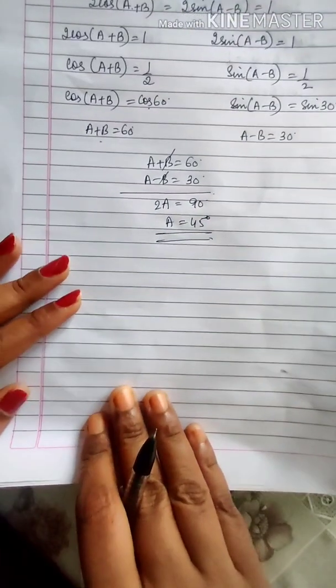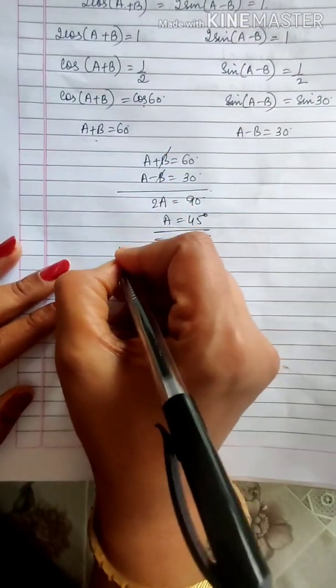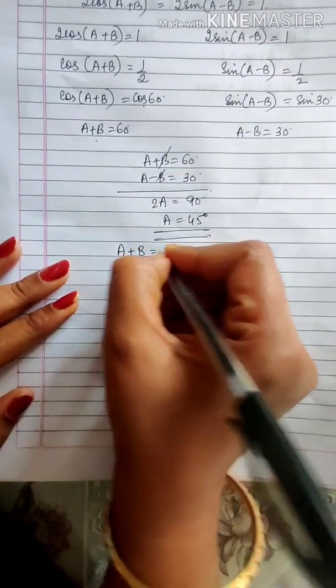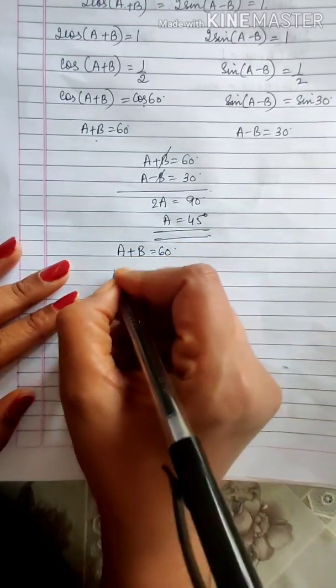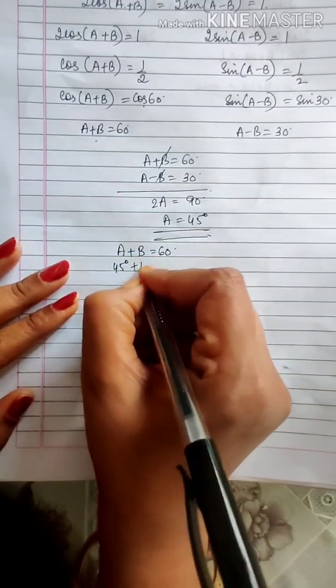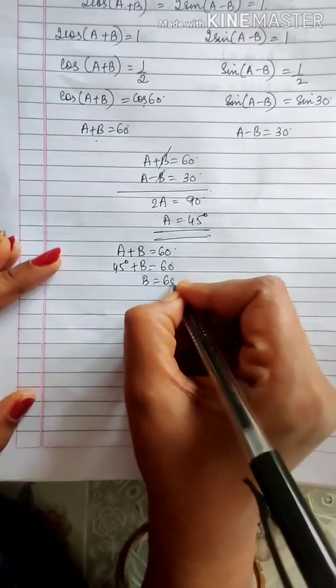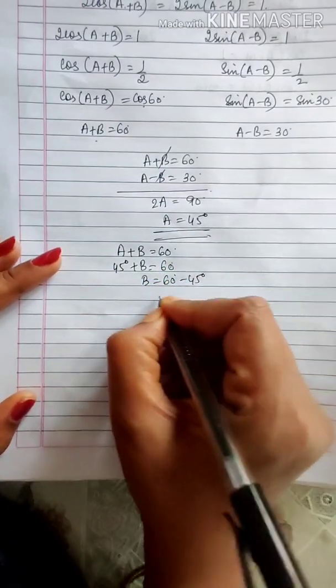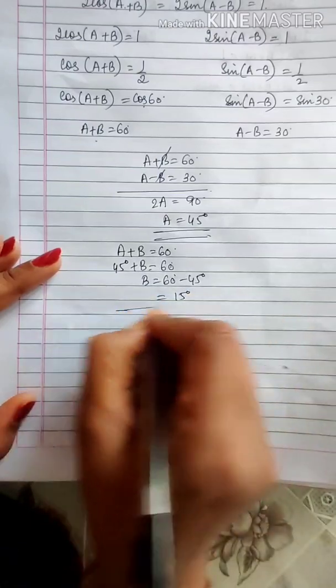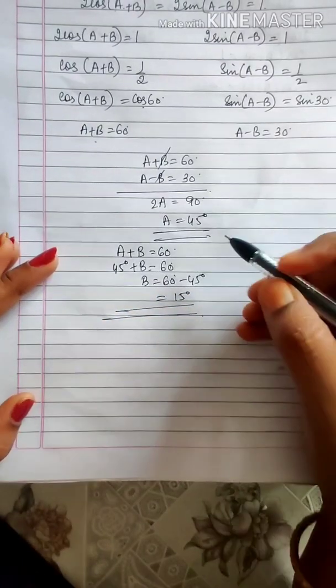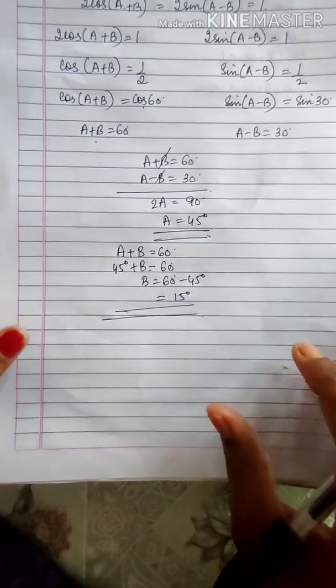Now we will substitute the value of A in one of the equations. A plus B is equal to 60 degrees. So 45 plus B is equal to 60 degrees. B is equal to 60 minus 45, which is equal to 15 degrees. So this is the way you find the values of A and B.